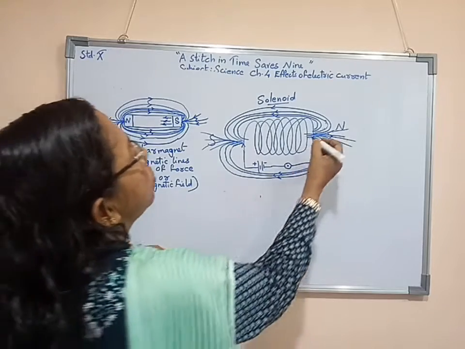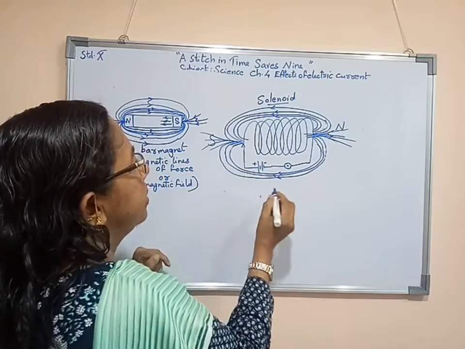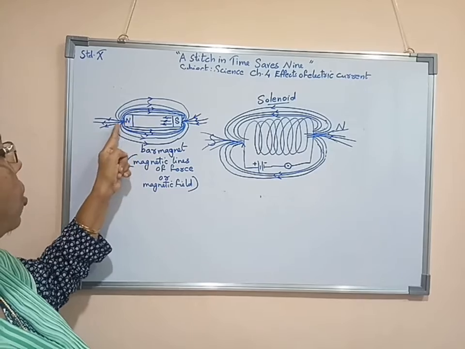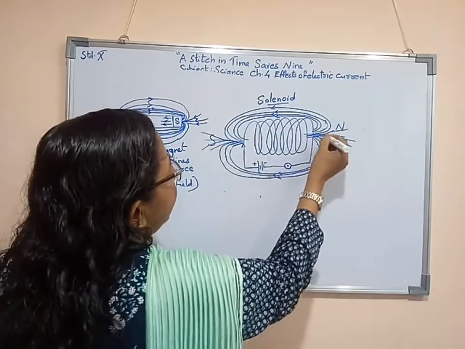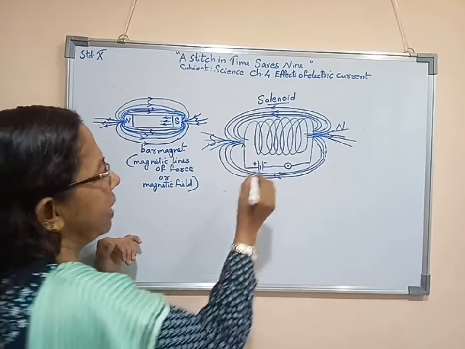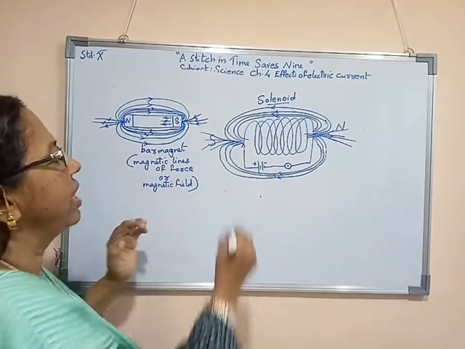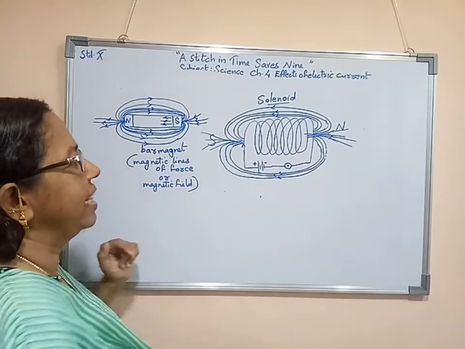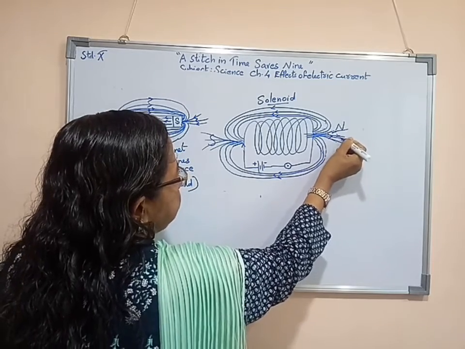Here from north pole to south pole the magnetic field lines form, the same as here. Here I drew the north pole to the south pole, here I drew the north pole, here the south pole, then north pole to the south pole magnetic field lines will form, and inside the solenoid again the field lines go from the south pole to the north pole. Here I am showing the arrow mark like this.